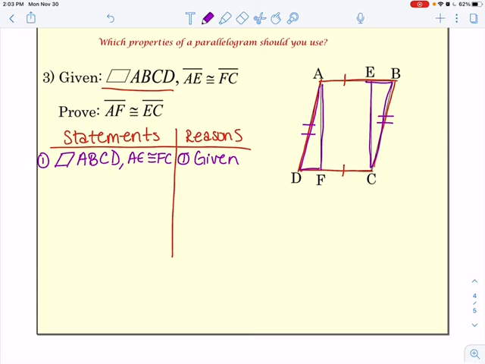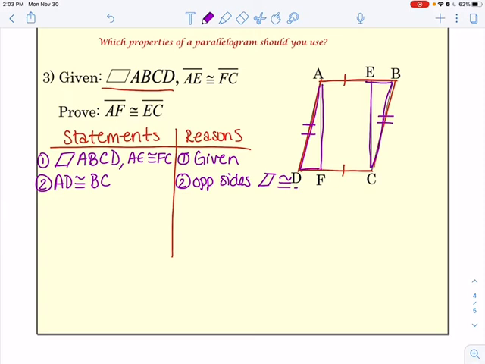Because again, that whole red figure is a parallelogram, and opposite sides of a parallelogram are congruent. So I'm going to say that AD is congruent to BC, and that is because opposite sides of a parallelogram are congruent. Okay, so you can draw your little picture for a parallelogram.